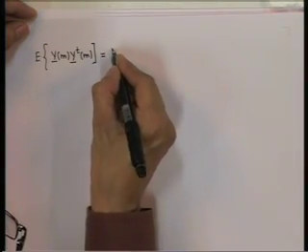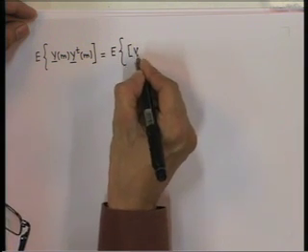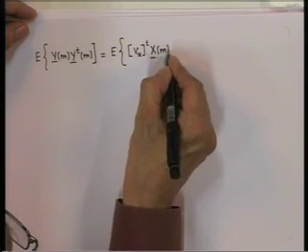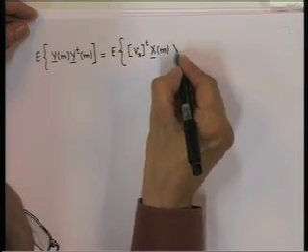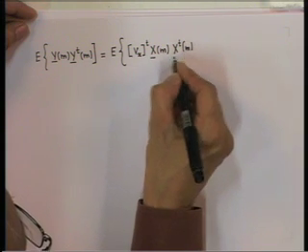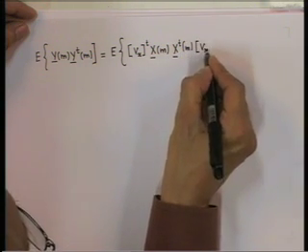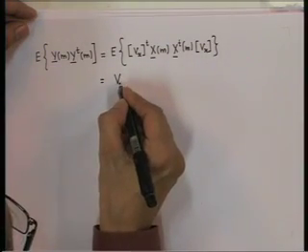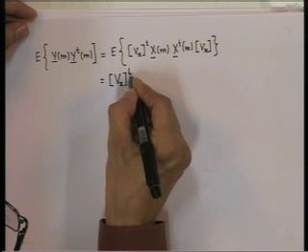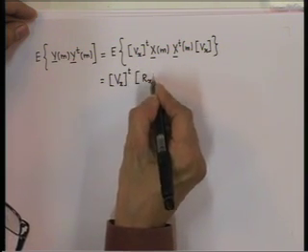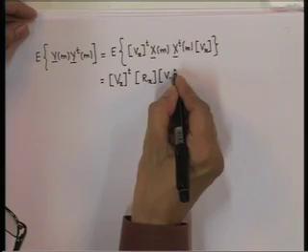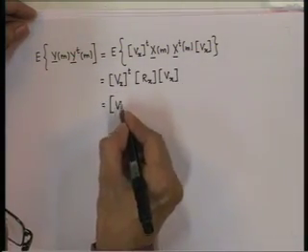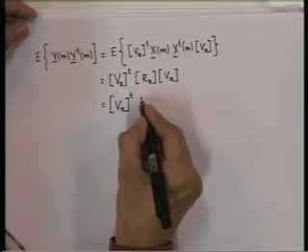Is equal to expectation of V x transpose times x transpose, m V x, and this is equal to V x transpose R x V x, and this can be rewritten as V x transpose.